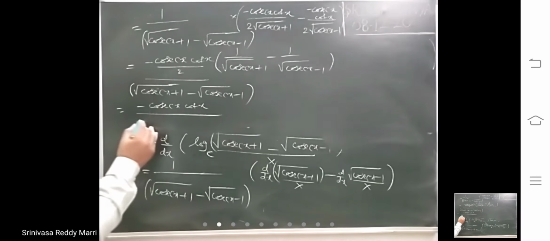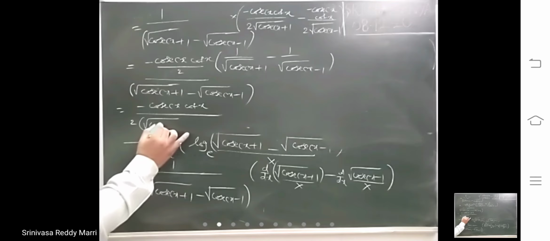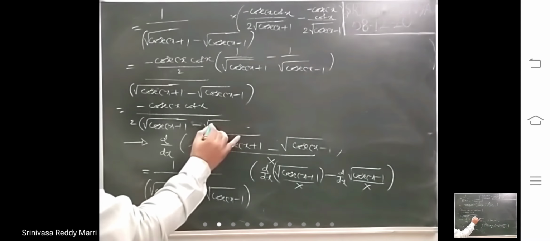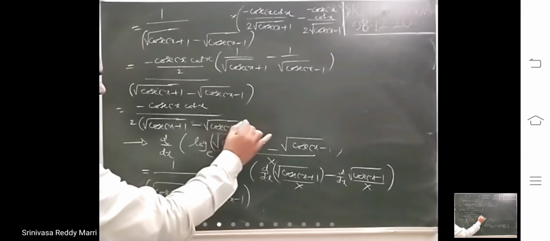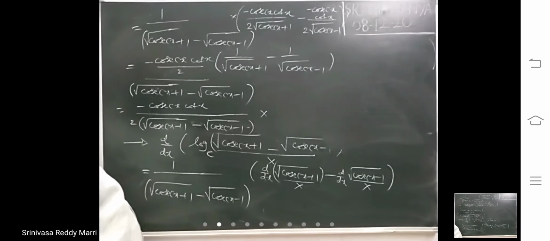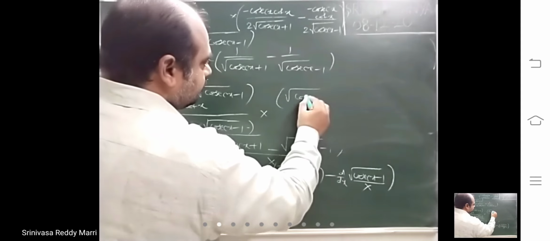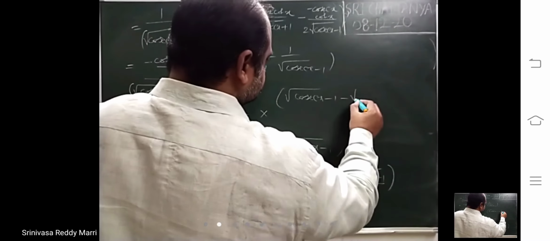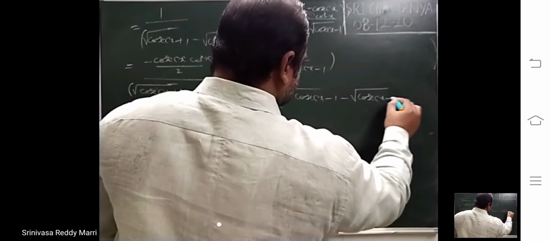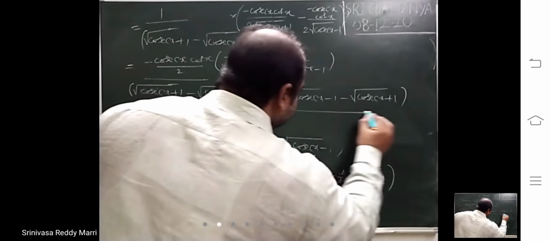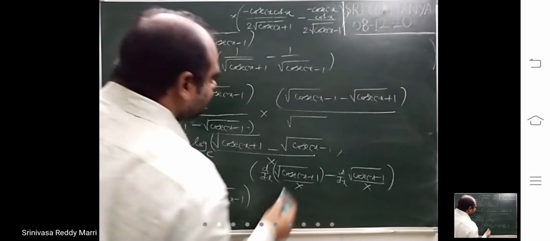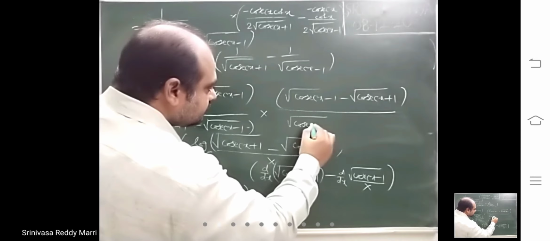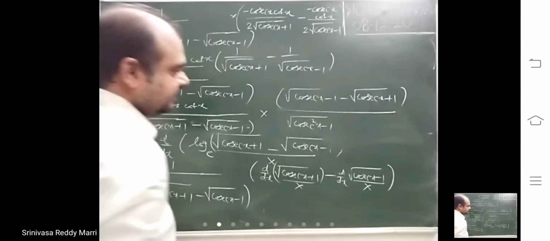Now here you take LCM. So this 2 will come down. If you take LCM, divided by root of, look at this into this, you will get a plus b into a minus b: cosecant square x minus 1.